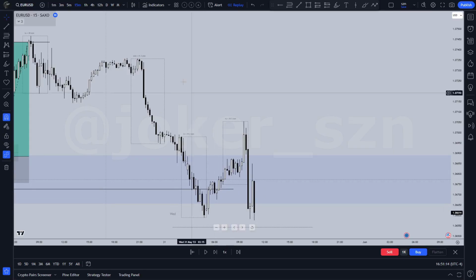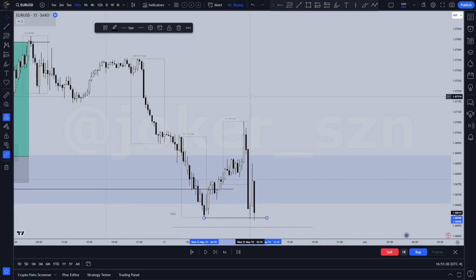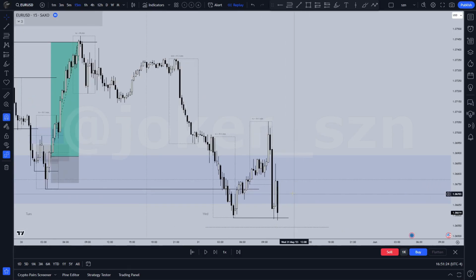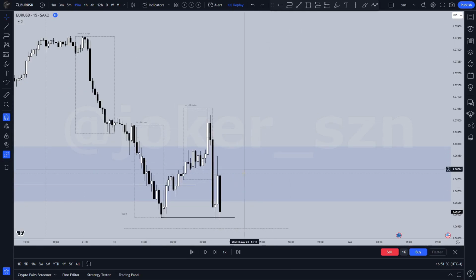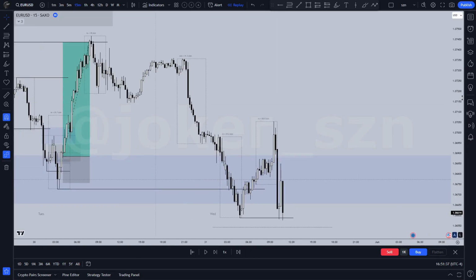There you see we take out the London lows as well. And to now confirm a shift in order flow, we would need to see price breaking or closing above this fair value gap here, right? So a close above here would be important for supporting the bullish idea, right?